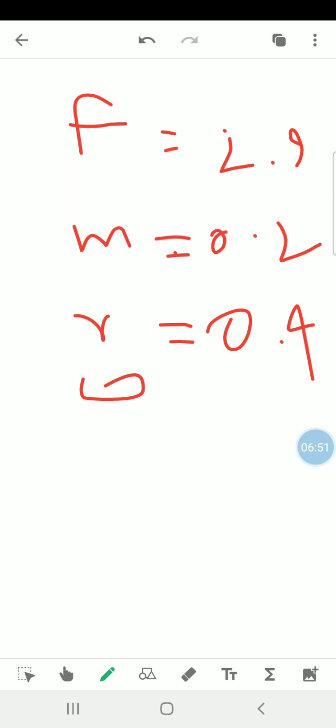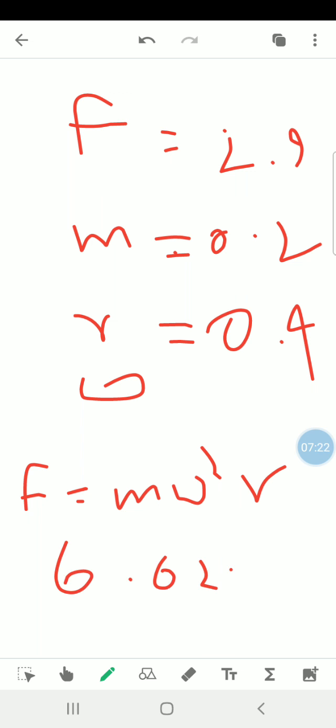I'm sure you have taken it. F equals m omega squared r. So you substitute all of these values, and you will get omega to be 6.02 rad per second.